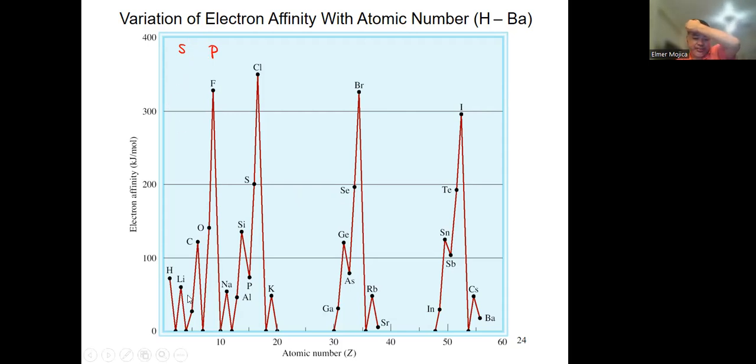Tapos pagdating doon sa next one, if you're going to look at the Li here, pag nasa P orbital na siya, yung first three nag-i-increase, and then all of a sudden, from P3 to P4, nag-i-increase na siya. But usually, nasaan ba yung tinatawag nating non-metals?